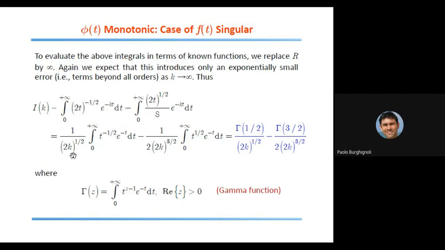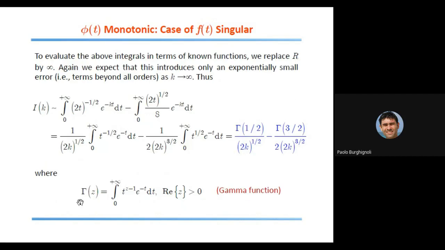And then there is the large parameter, which comes out by simply performing changes of variables in those integrals. And so you can see in the denominators the powers of k, which are 1/2 and 3/2. And so this is the asymptotic representation, the first two terms of an asymptotic representation of our integral I of k.